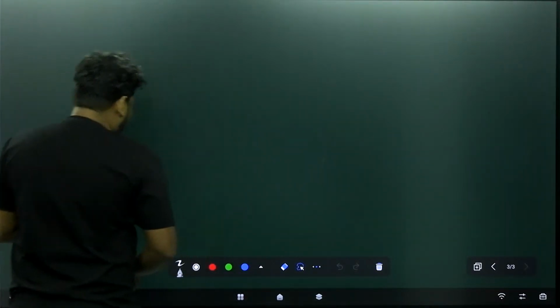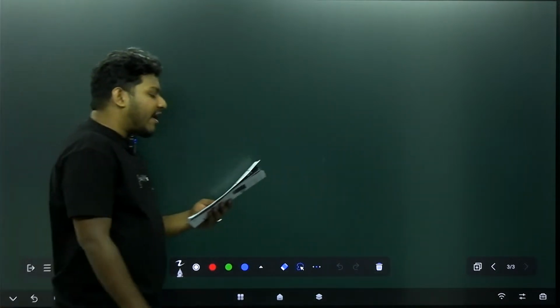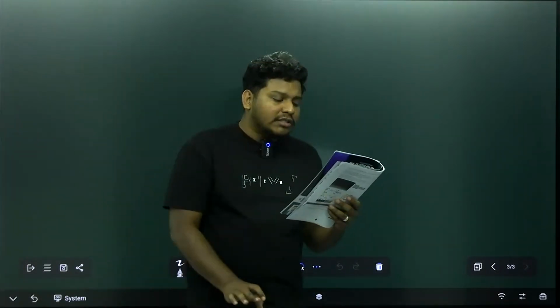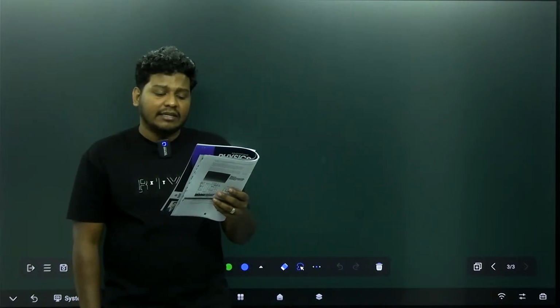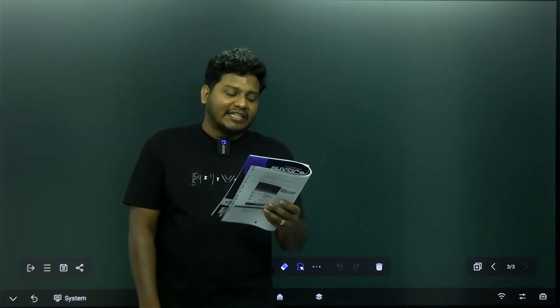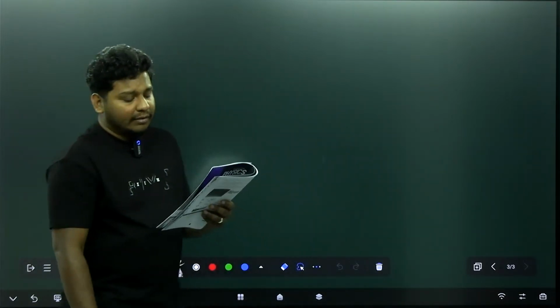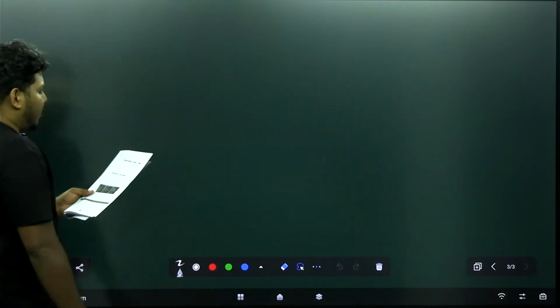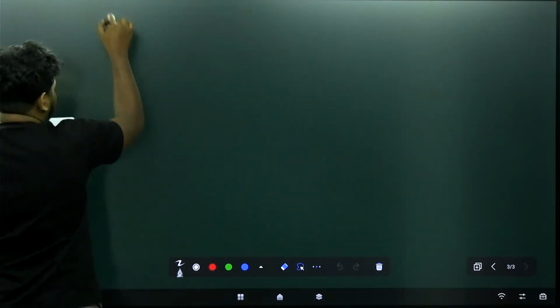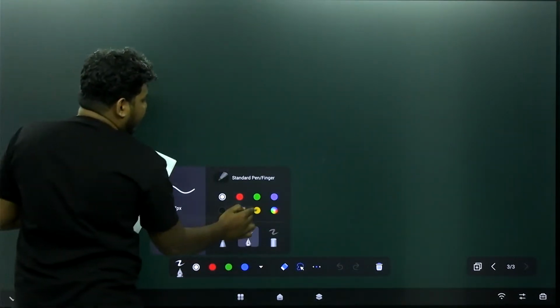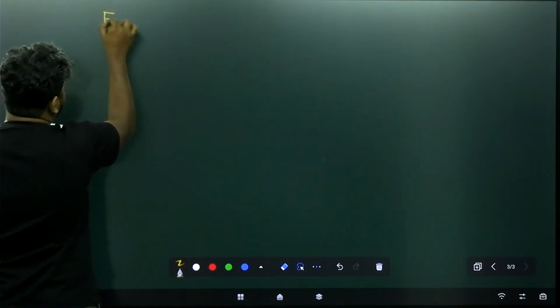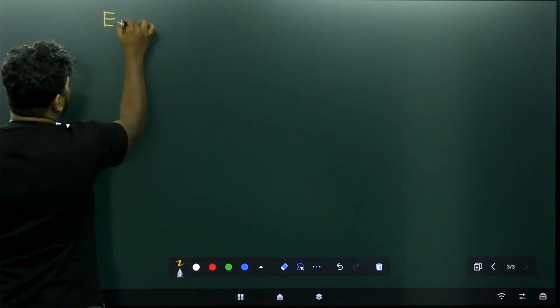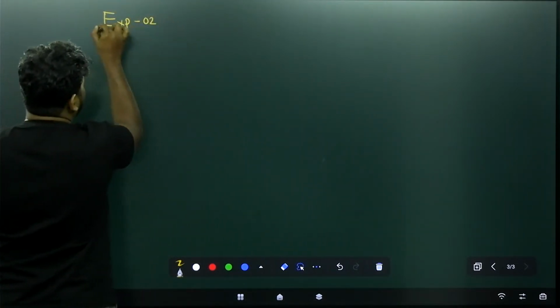What will happen here is that when the wavelength decreases while the width of the hole remains constant, wave diffraction decreases. Wave diffraction decreases. Look at the experiment number 2.